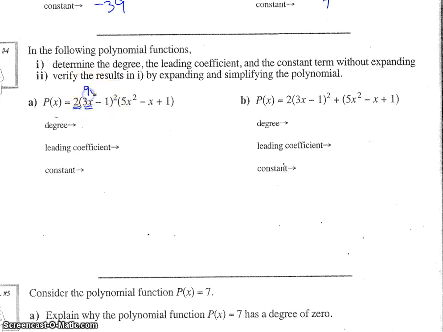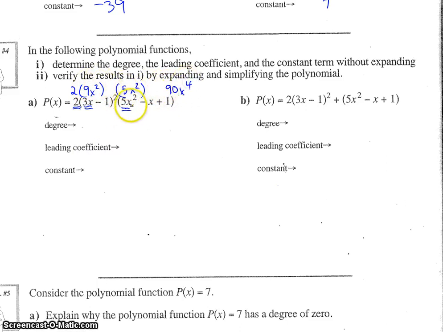So that would be like 9x squared. Okay, and then we have this term, which would then also be multiplied. That would contribute to the highest exponent. So we'd have 5x squared and a 2, which would help our leading coefficient, and then 5 and 9x squared as well. If you multiply all of those together, you get 90x to the 4.